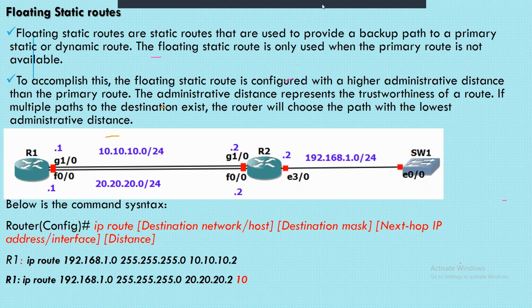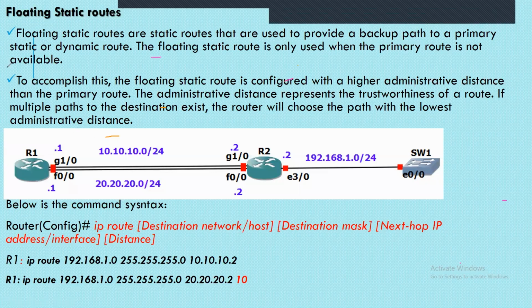So for the static route, we use this for backup in case the primary route fails. To accomplish this, the floating static route is configured with a higher administrative distance than the primary route. The AD represents the trustworthiness of the route if multiple paths to the destination exist. The router will choose the path with the lowest AD.